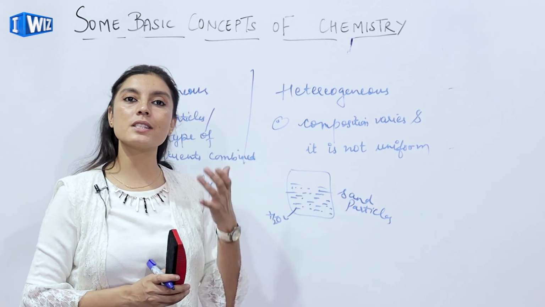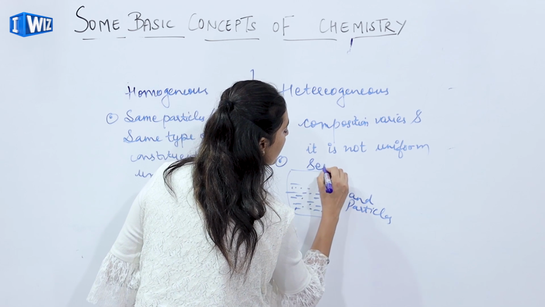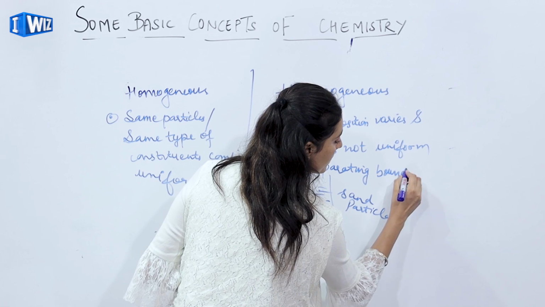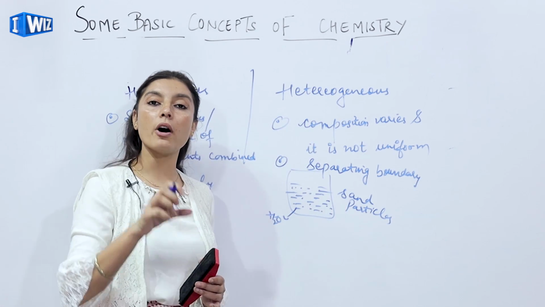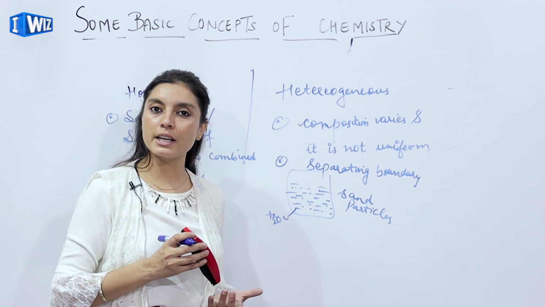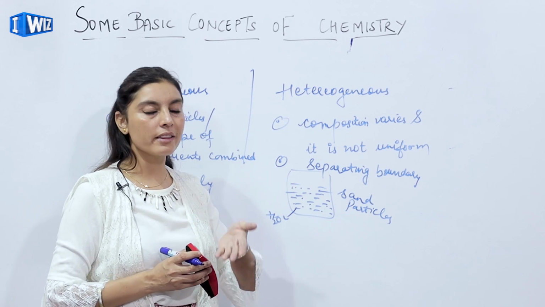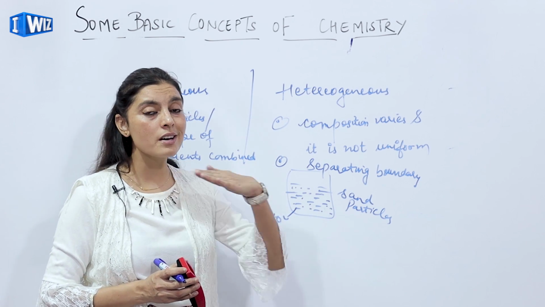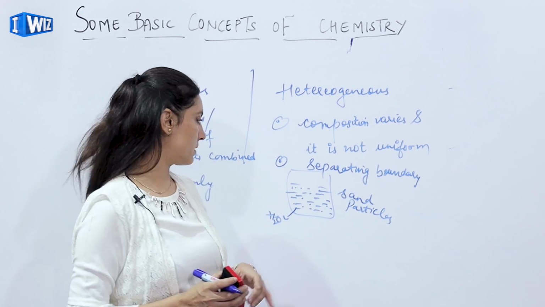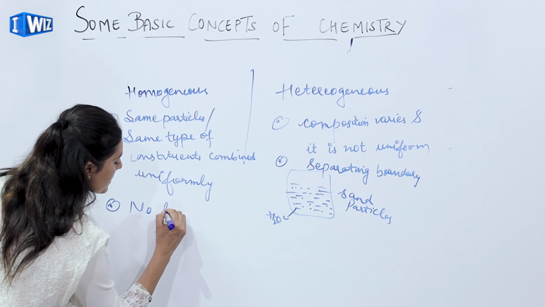So there is always a separating boundary in a heterogeneous mixture. Another example is the pouring of oil on water. If we are pouring oil on water, we could see the two different categories, oil having a different layer and the water having a different layer. So there is a line of separation separating these two kinds of particles. Moving ahead, if I talk about the homogeneous, there is no line of separation.